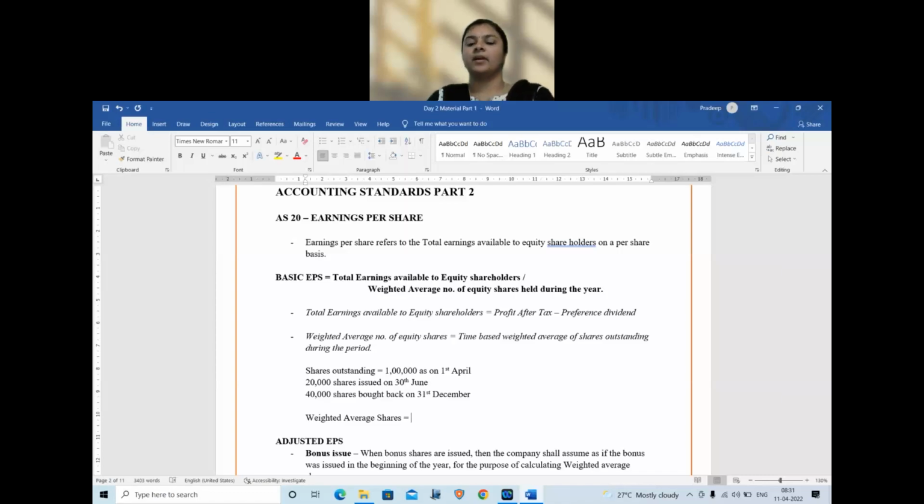Here we can go on a cumulative calculation, which will be easier for us. Now shares outstanding as on 1st April. Next transaction happens as on 30th June. So which means April, May, June, 3 months, the total number of shares that was outstanding was 1 lakh. So 1 lakh into 3 by 12 plus.